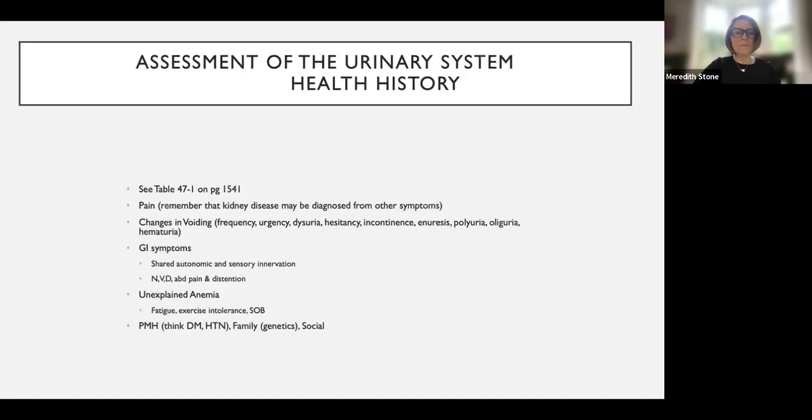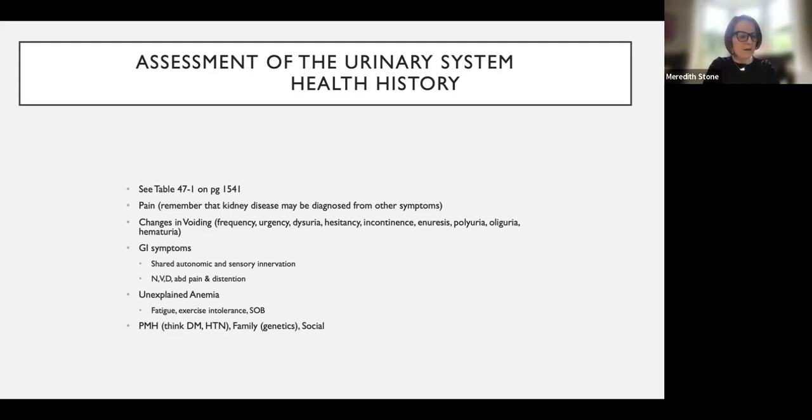All right, so the assessment of the urinary system and health history. You can refer to the table to look at this in more detail, but a lot of the things with the urinary system are things you have to ask your patients.